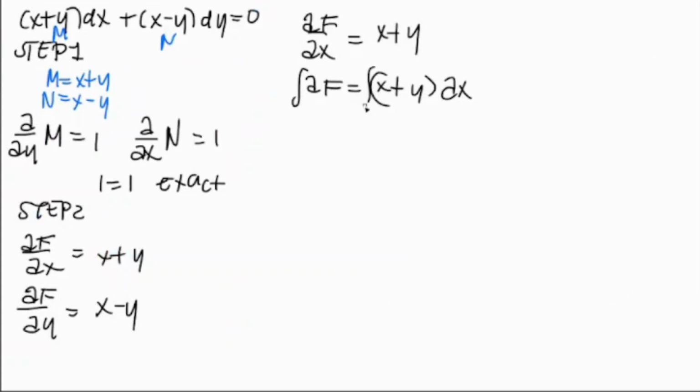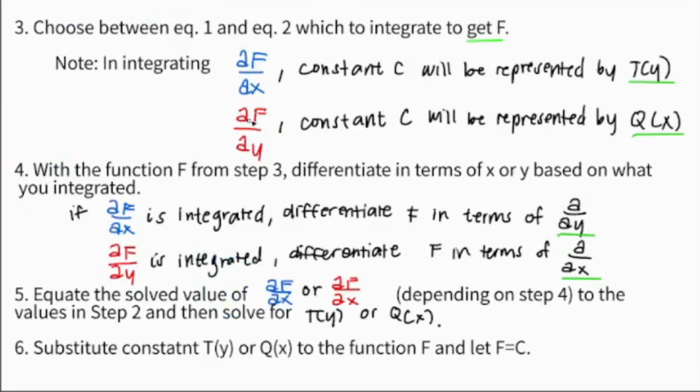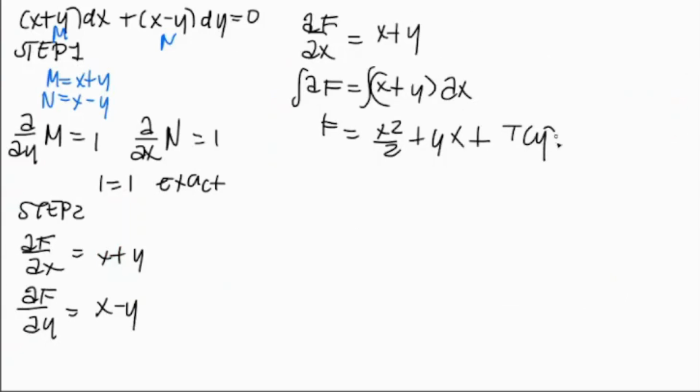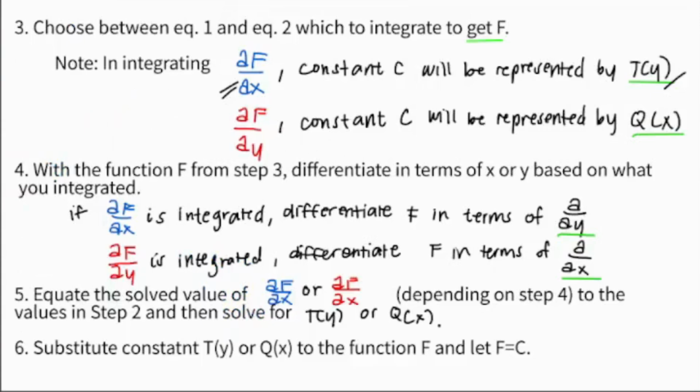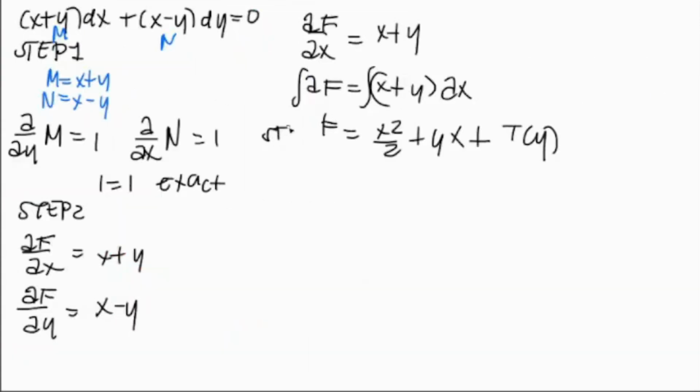So, magiging f is equal to x squared over 2, and ang y will be considered constant. So, yx, plus, ano yung constant natin? Since ito yung in-integrate natin, df over dx, constant c will be represented by t of y. So, yan. Tapos na natin yung step 3. Yan yung nakuha natin.